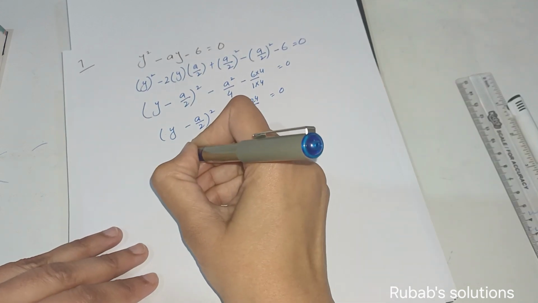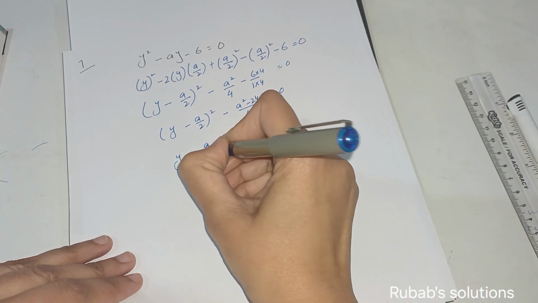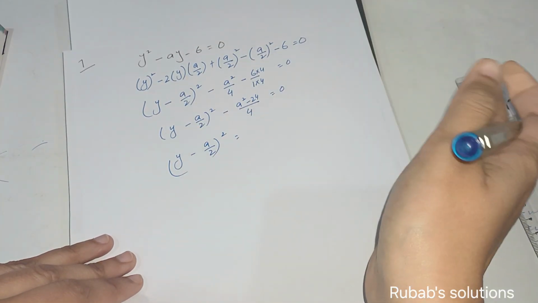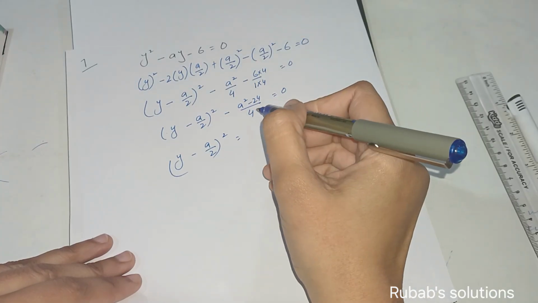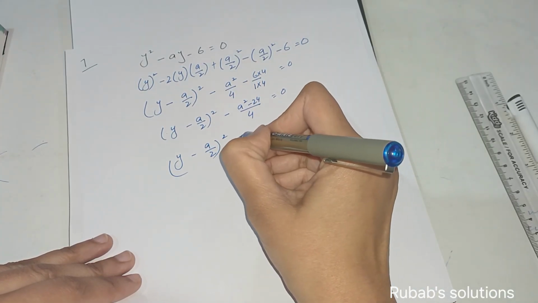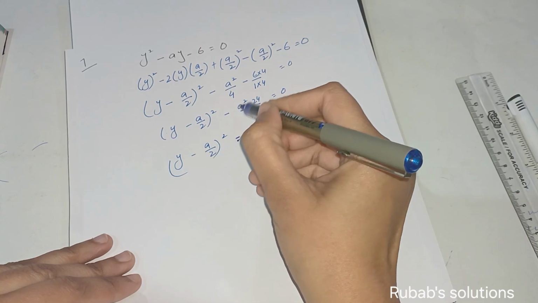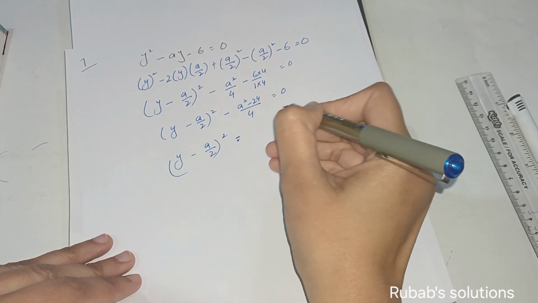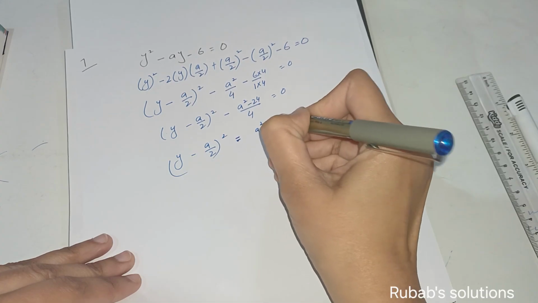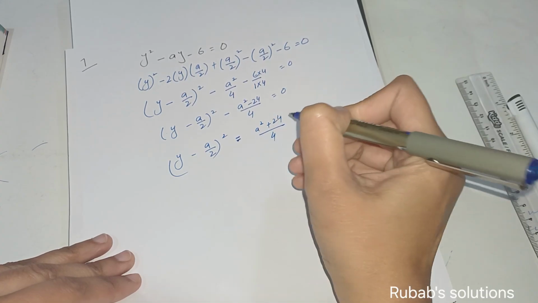This will move to the other side, so it becomes a squared plus 24, and on the other side it will shift and become a squared plus 24 divided by 4.